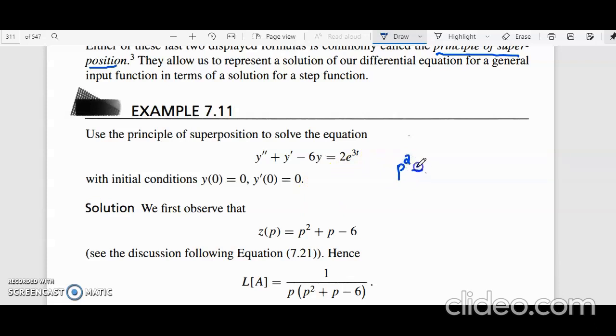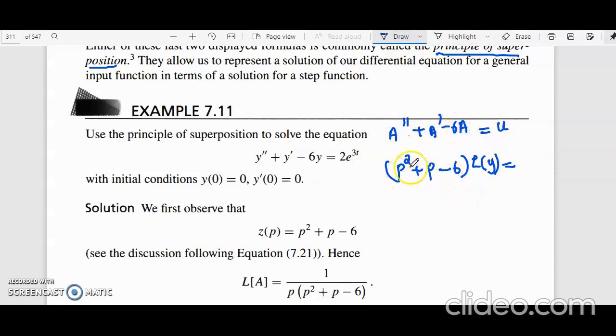p square plus p minus 6 into L of y equal to, so we start with the equation y double dash plus y dash minus 6y equal to u. Okay, sorry. So we start with the equation a double dash plus a dash minus 6a equal to 0.